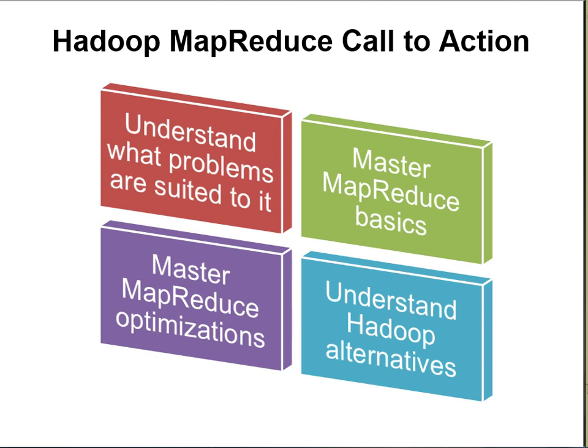So there are a couple of takeaways that I hope you can start with when you're making your action list. The first takeaway is to understand what classes of problems Hadoop and MapReduce are best suited to solve. It's very important to use the right data tool for the job, and in this evolving big data market, it's really challenging to figure out what type of storage, what type of processing, and I hope that I've added to your knowledge store with this course.